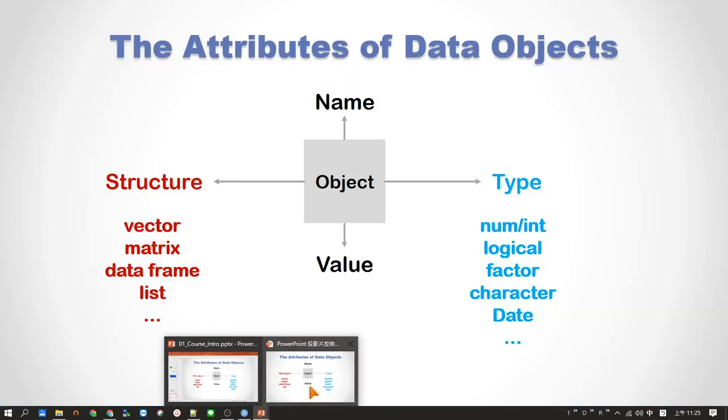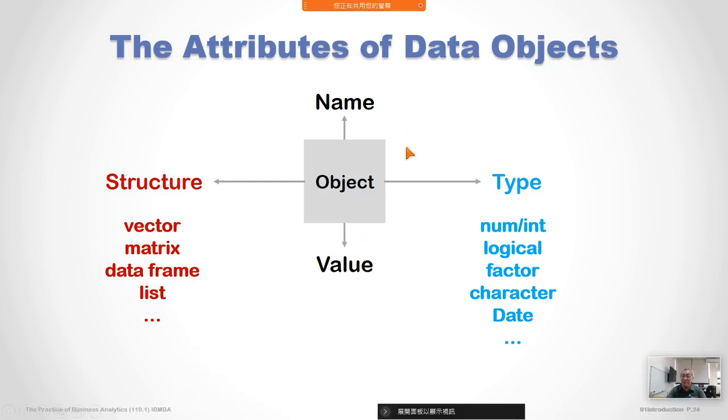So every piece of data is an object, and every object has a name and a value. That's simple to understand. The complexity comes in when you consider the object type and object structure. The data object can have many different types. Data has numeric data.